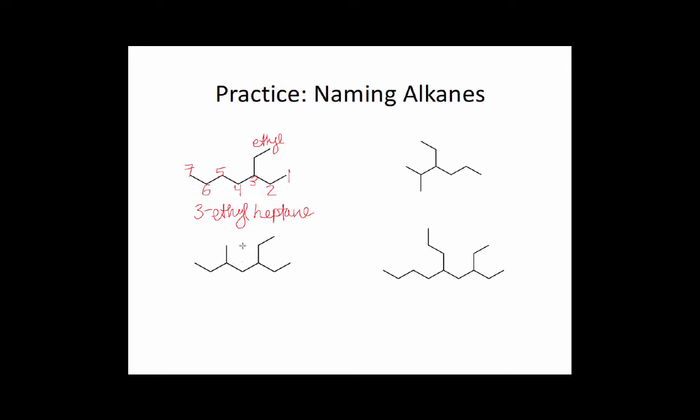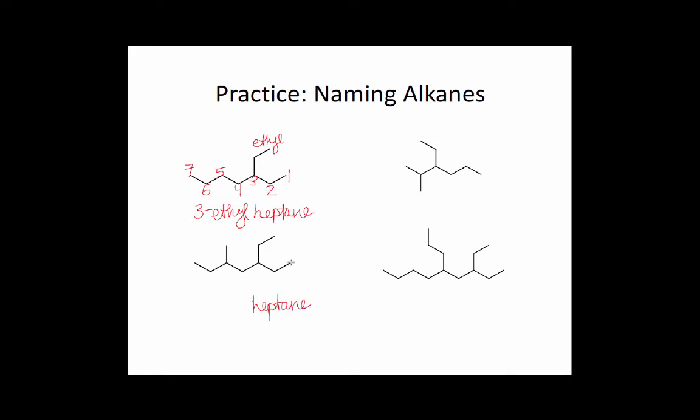Okay, let's do this one on the bottom. So this again has 1, 2, 3, 4, 5, 6, 7 carbons, and so heptane is going to be our base. We have to decide where we're going to start numbering it.